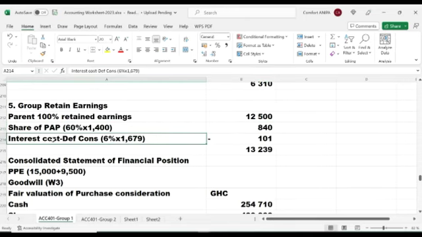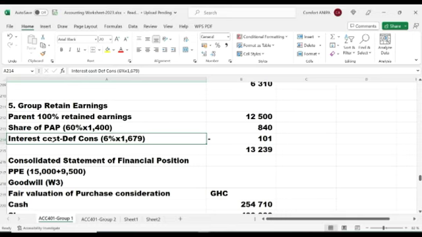And then this is where it gets interesting, because the parent paid with deferred consideration, you must unwind for 1 year. You must unwind the discount or the interest cost in that present value for 1 year. So we calculate 6% on the opening deferred consideration. So 6% on 1,679. That's it.